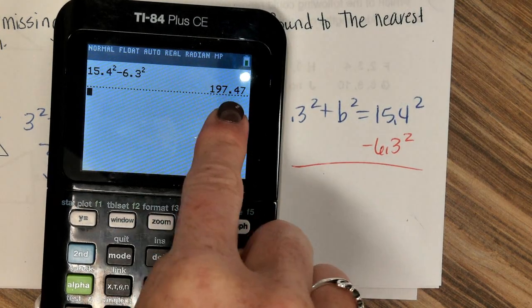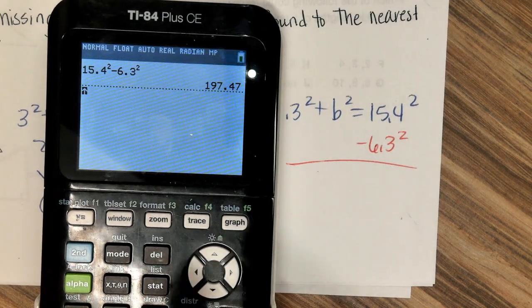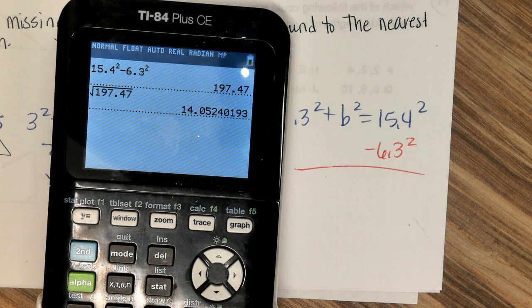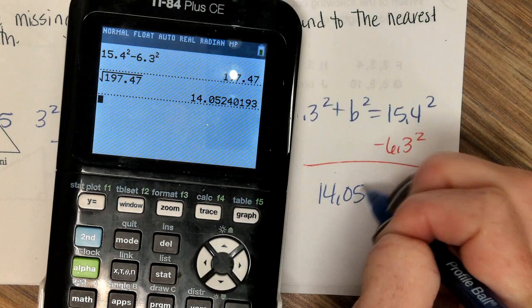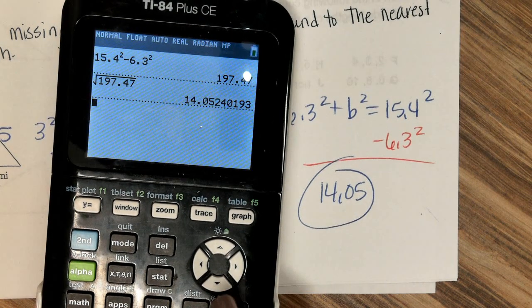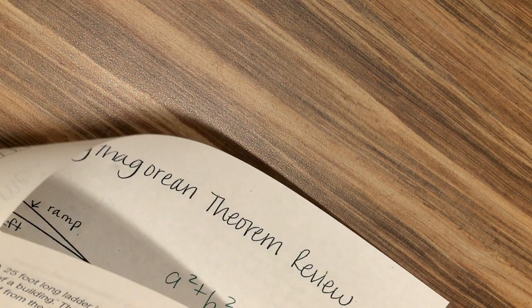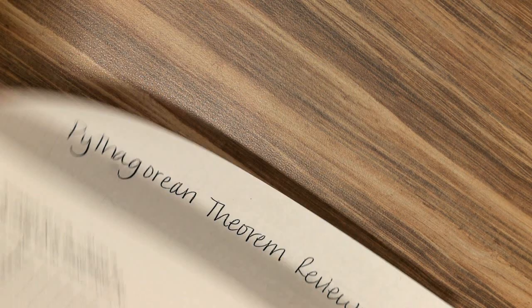And I take that answer and I do what to it? The square root of 197.47 is 14.05. Okay, we're going to do one more for sure.